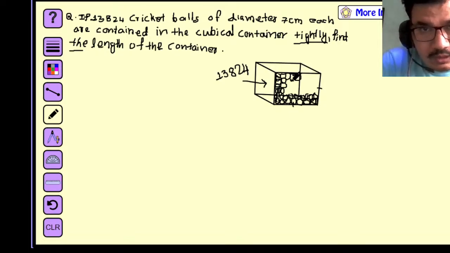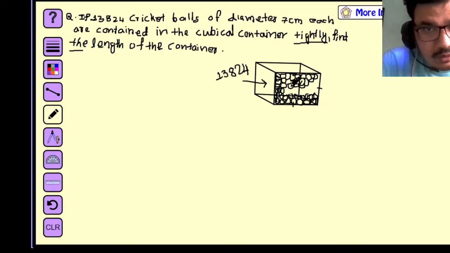They are kept so tightly here. Cricket balls are kept inside this, so tightly that there is no gap between any two cricket balls.